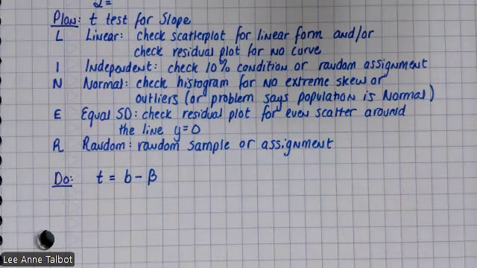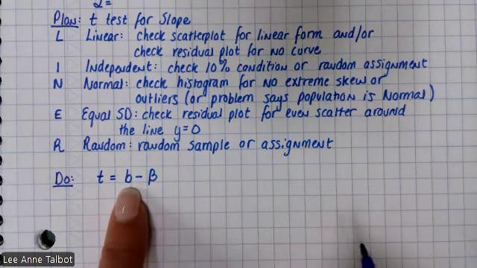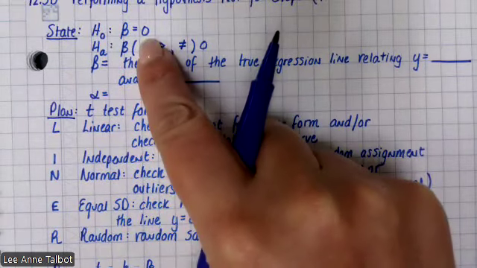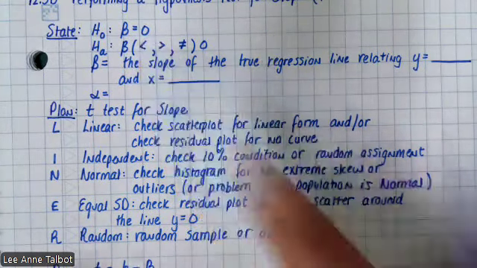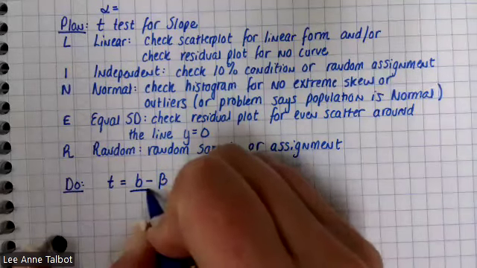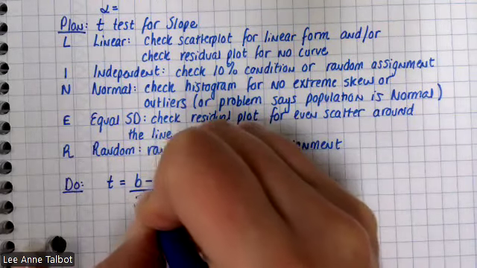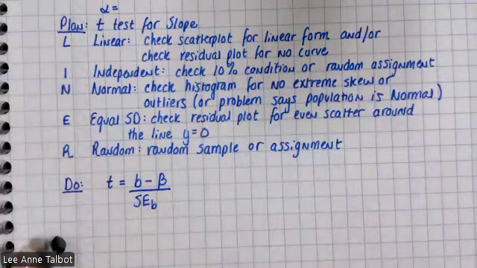Statistic means the sample slope from the printout data you have. And then this is your estimated slope, which you put up in your hypothesis. So that's always going to be 0. Can you follow me? So this is your sample slope minus predicted slope over standard error of the slope.